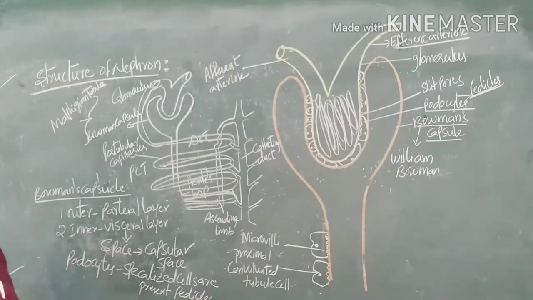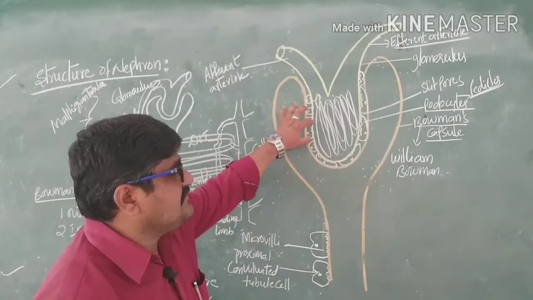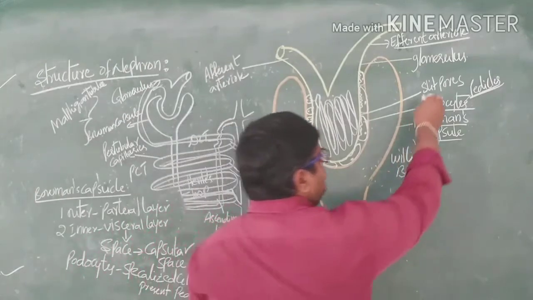In between the pedicels, the podocytes have spaces, and the spaces are called the split pores.